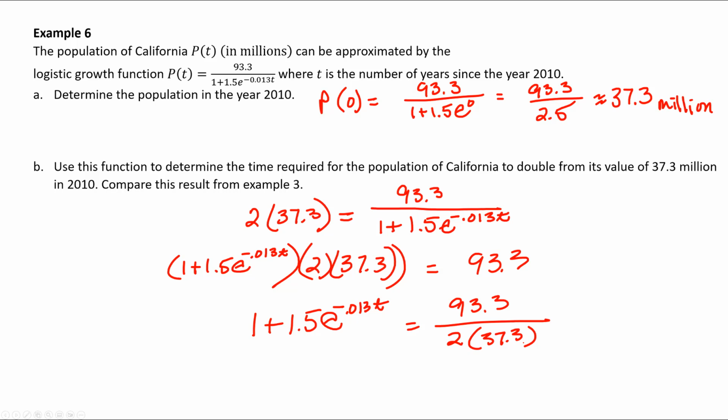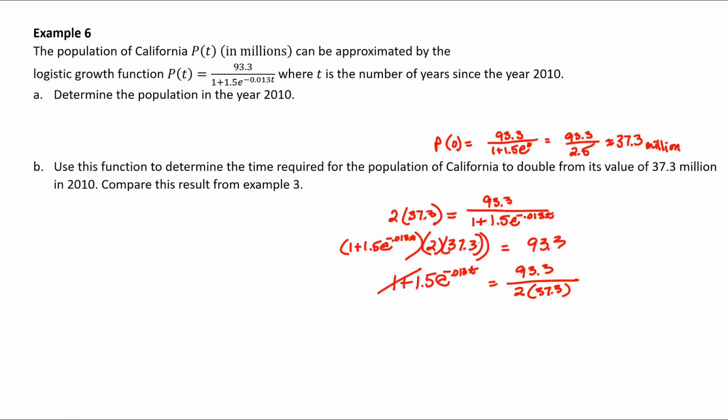We're going to subtract 1, so we can just get rid of that 1 and move it over here, make it minus 1. And then we are going to divide by 1.5. So we'll have e to the negative 0.013 t is equal to 93.3 over 2 times 37.3 minus 1 all over 1.5.